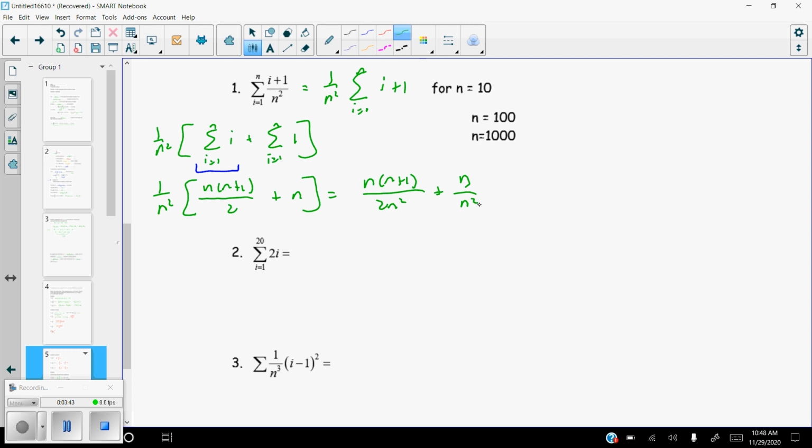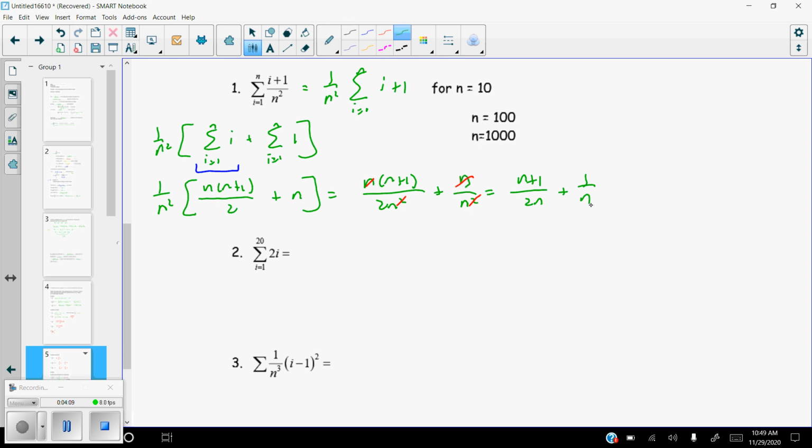And that'll simplify just a little bit. So let's see here, I can get rid of that n and that n and that one. So that's going to leave me with (n plus 1) over 2n plus 1 over n.